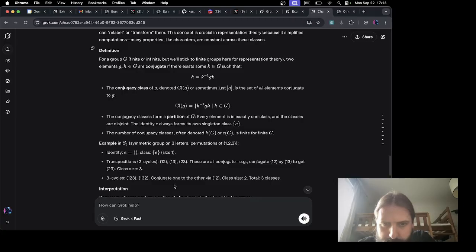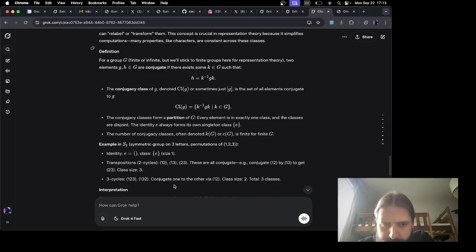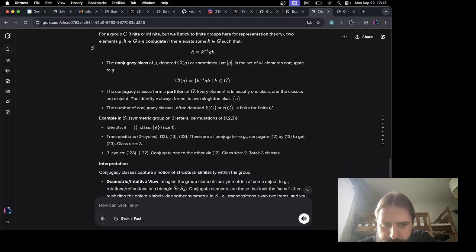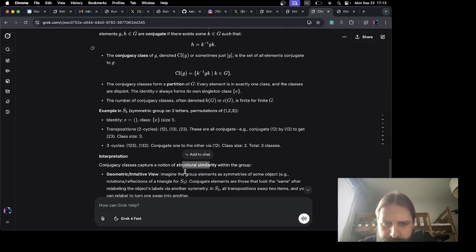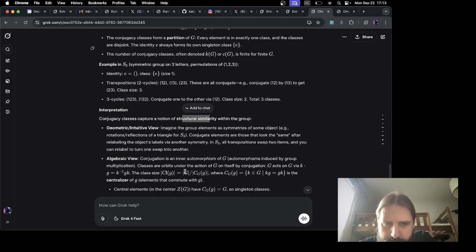Two-cycles (1 2), (1 3), (2 3). They capture a notion of structural similarity. Imagine the group elements as symmetries of some object.